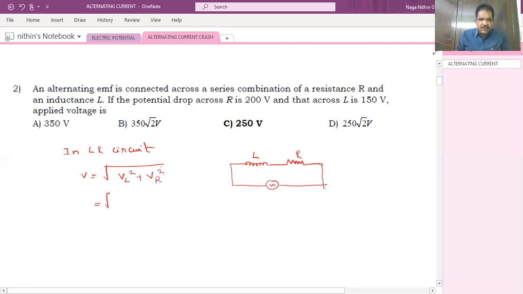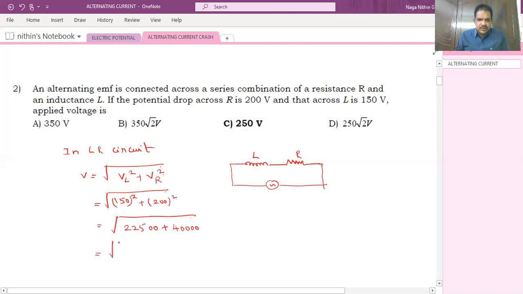So this value will be 150 whole square plus 200 whole square. This will be 22500 and this will be 40000.